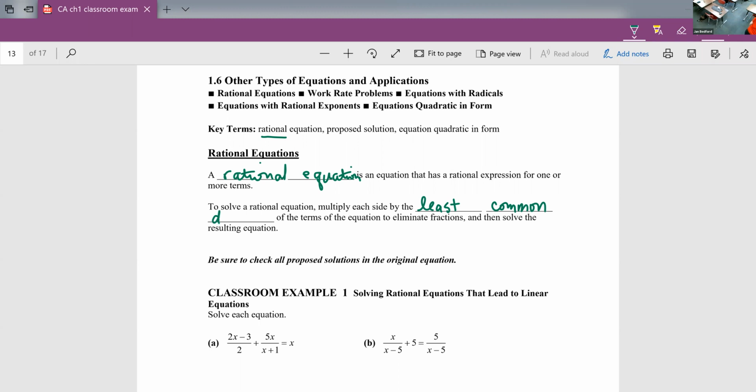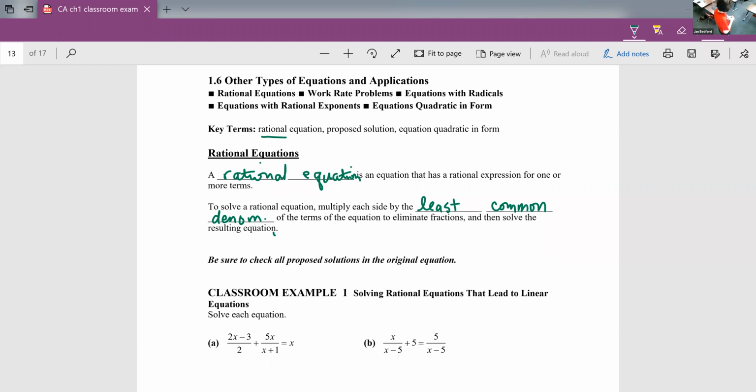And you can either put denominator or multiple here. The least common denominator of the terms of the equation to eliminate the fractions, and then we can solve the resulting equation. Now, there is one thing we have to be careful about with these.